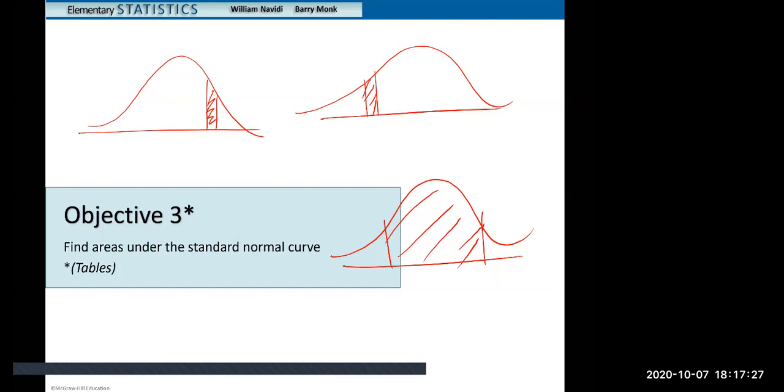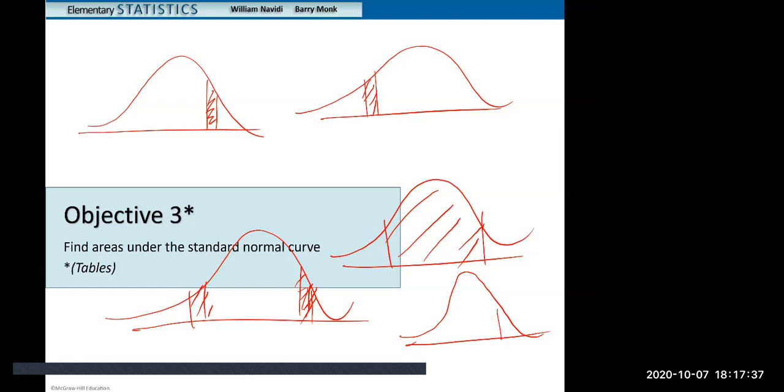Or also there are possibilities like, how about this and this? Or also, I'm showing you all different possibilities. How about this? Or last one, how about if you have a normal curve and you are asked to find the area to the left? So I'm going to teach you how to find all these possibilities, finding the area of a normal curve.